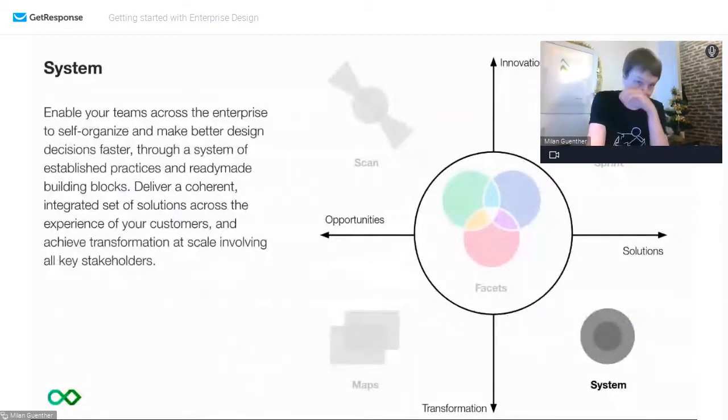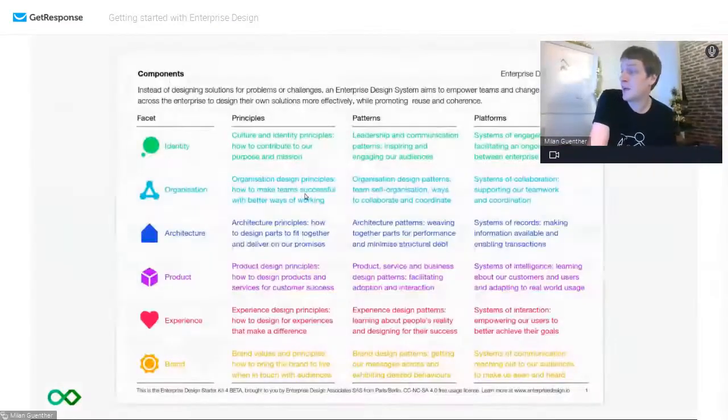And finally, the enterprise design system, which is a collection of components that you can share in your team or across your organization if you want other people to adopt this kind of approach, like design principles, patterns to be reused, components, and platforms.